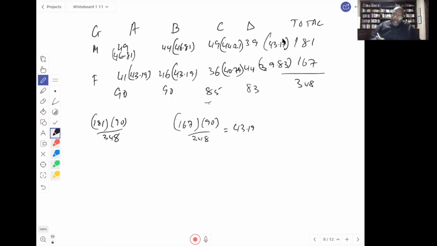So what do we call the ones in brackets? I mentioned to you earlier that the original ones were observed. That's what we observed. These ones in the brackets, we refer to them as expected.